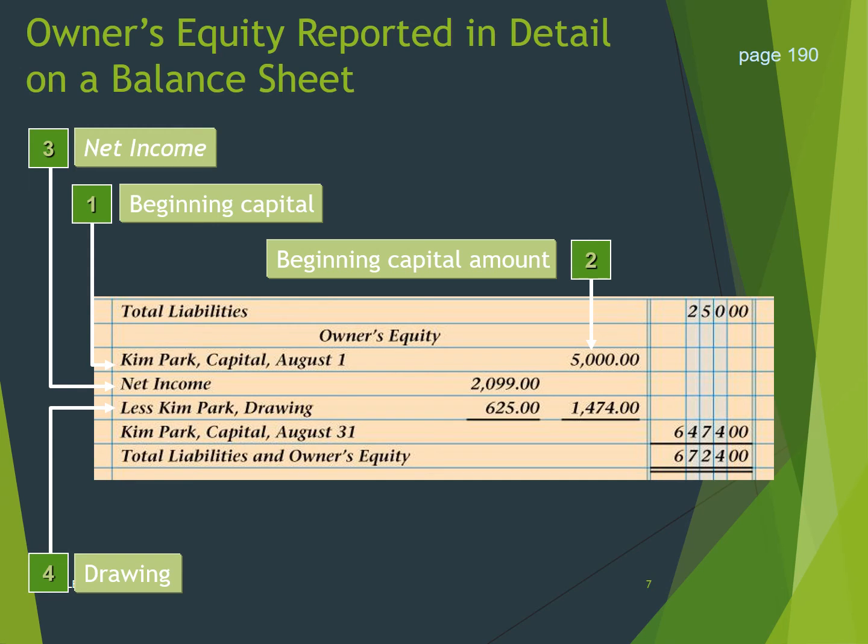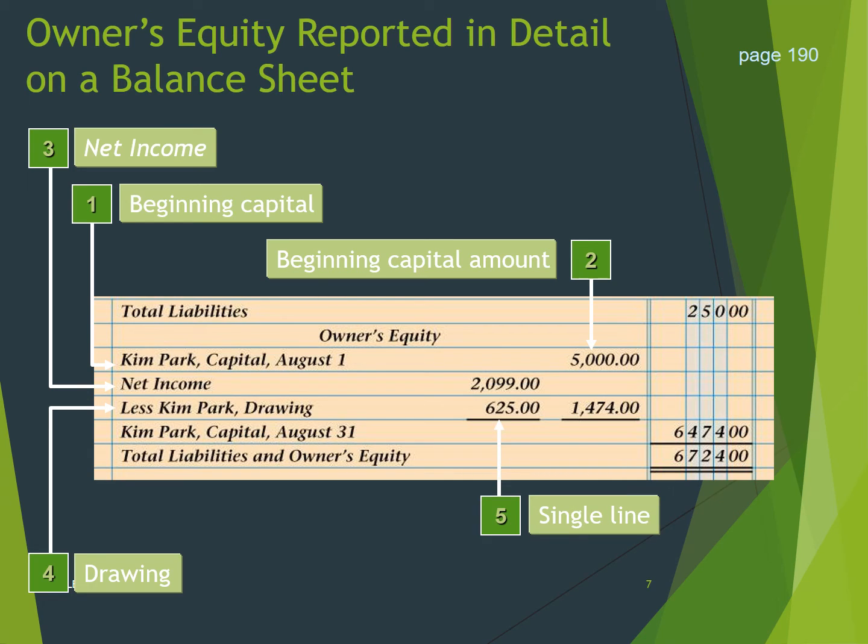Then we are going to record our drawing. So we're going to write the words Less Kim Park, Drawing. Right underneath our net income, we are going to line up by tens, hundreds, thousands. Our drawing account was $625.